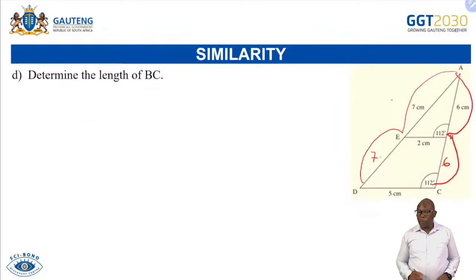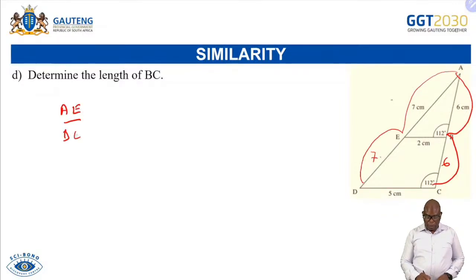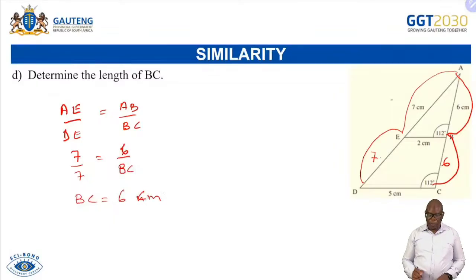So the length of that will be 6. You can calculate it by using AE over DE is the same as AB over BC. Then we have 7 over 7 equals to AB, which is 6, over BC, and BC will still be 6 units, 6 centimeters. Okay, that's quite easy.